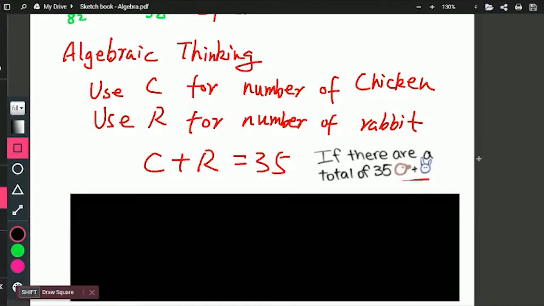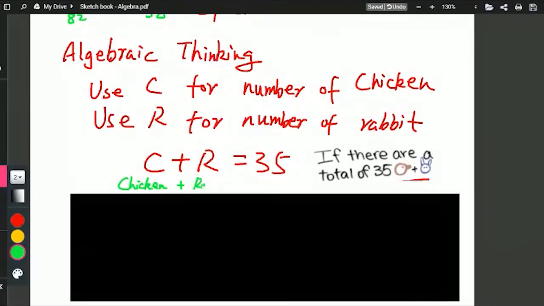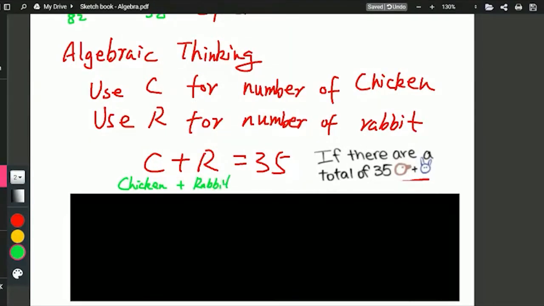Think again. C is the number of chickens, okay? If I write it this way, chicken plus rabbit is 35. Would that be better?